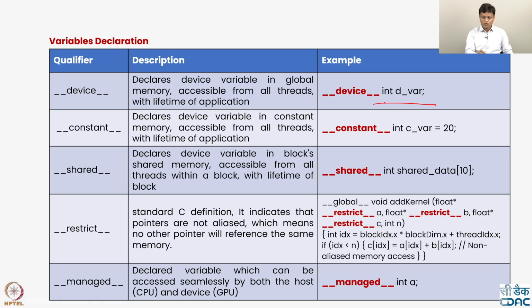Whenever you define a variable with the qualifier device, it tells that the variable will be in global memory and it will be accessible from all the threads with the lifetime of the application. Meaning, from when the application starts executing till the end of its life, all the threads can access that particular variable.